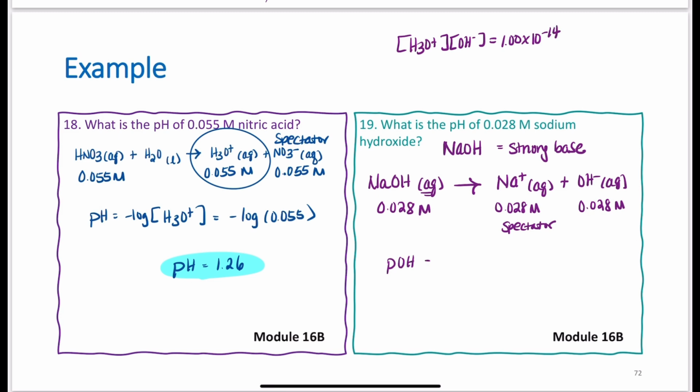I like going through pOH. pOH is the negative log of 0.028. I get a pOH of 1.55. I know my pH plus my pOH has to equal 14, which means my pH has to be equal to 12.45.